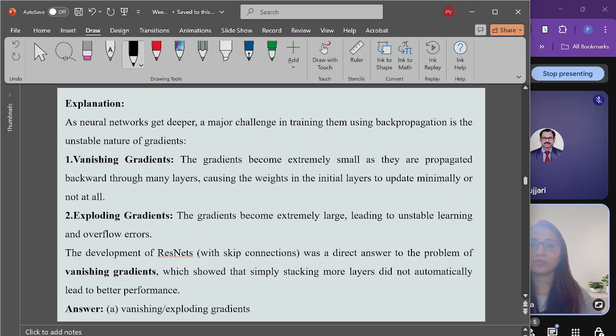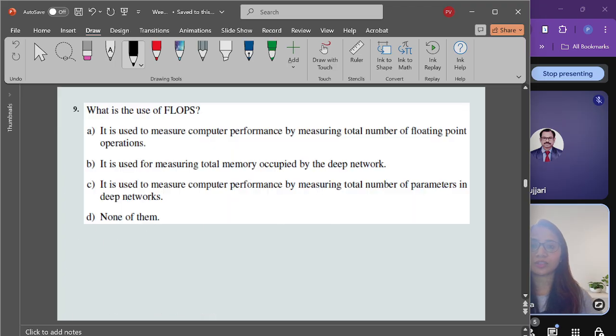Okay. So moving to our next question. Now the next question is: what is the use of FLOPs? Option A is it is used to measure computer performance by measuring the total number of floating point operations. Option B, it is used for measuring total memory occupied by the deep network.